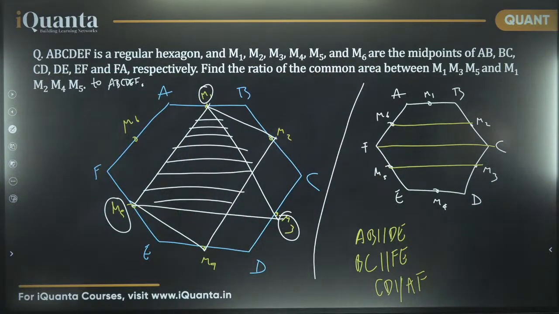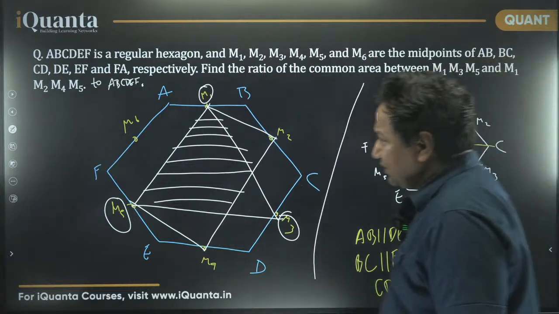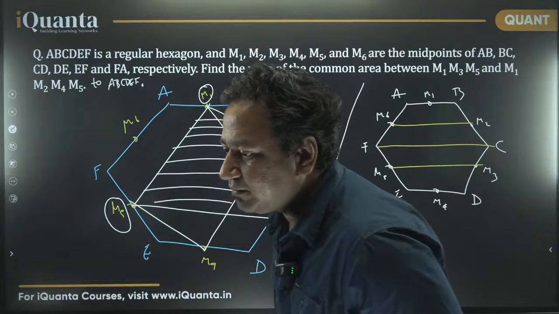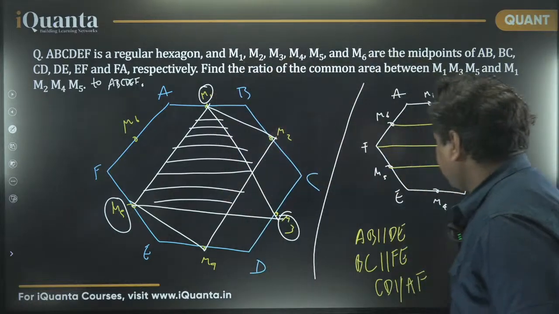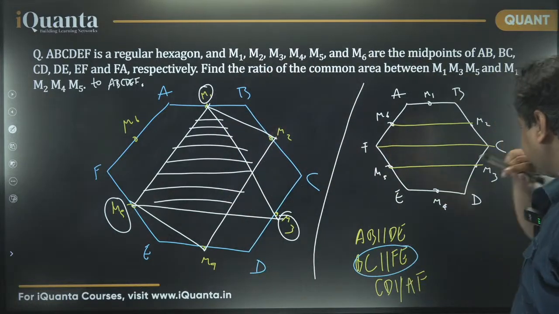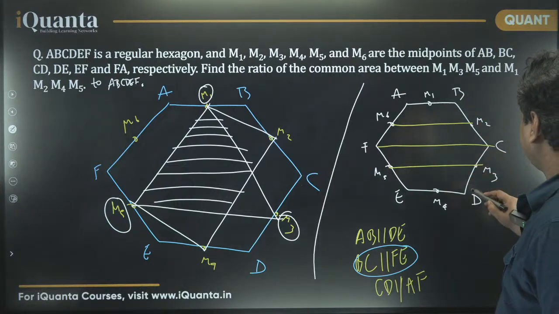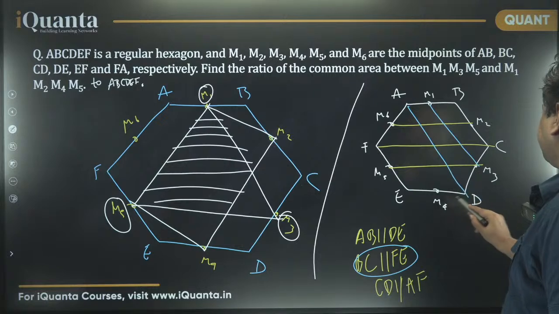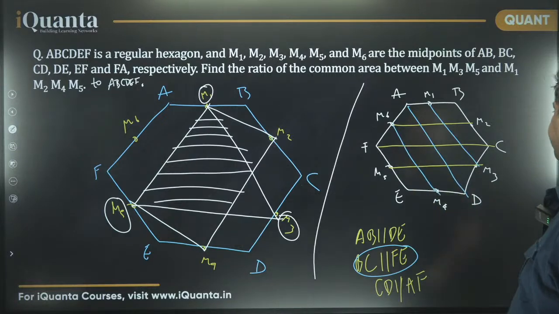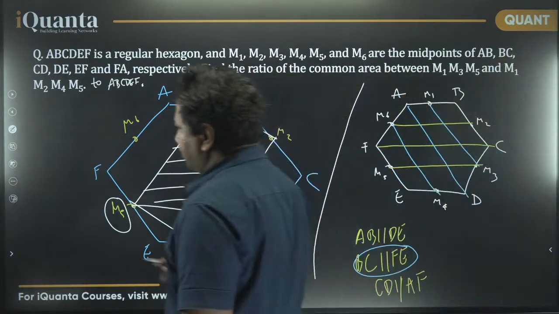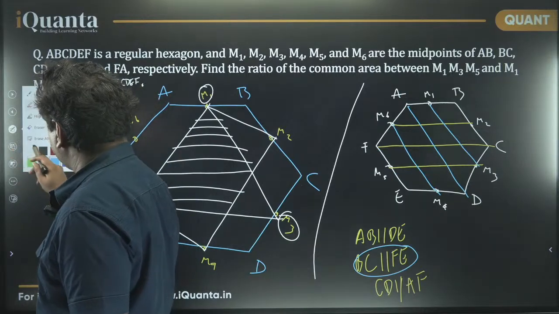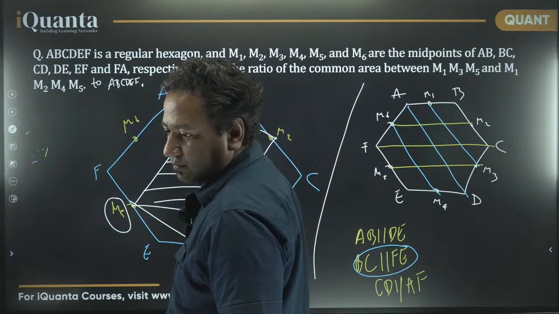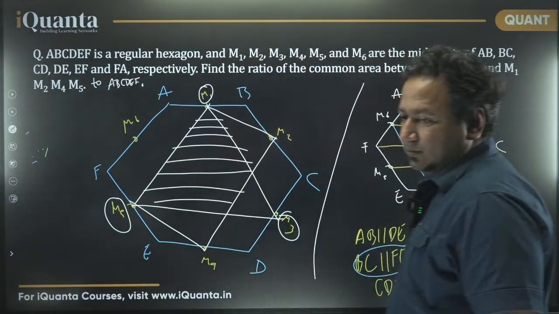Okay. Is that fine? Now I'll do the same with BC and FE. So for BC, FE, let me join M1, M3, A and D, M6, M4. That looks good. Okay.